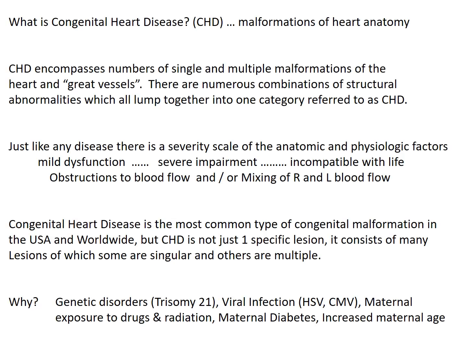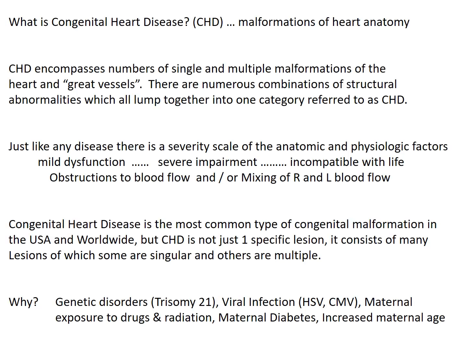Why does CHD occur? We know it's got a higher prevalence in certain individuals with genetic disorders such as trisomy 21. We know that maternal exposure to certain types of infections during pregnancy can increase the incidence of congenital heart disease in the newborn. Same as exposure to certain types of teratogenic drugs during pregnancy, radiation exposure during pregnancy.